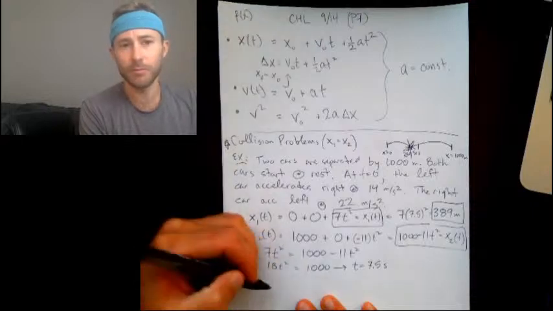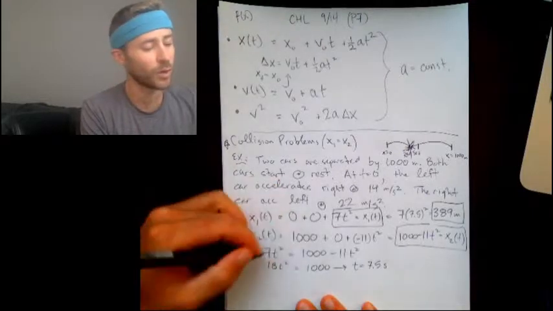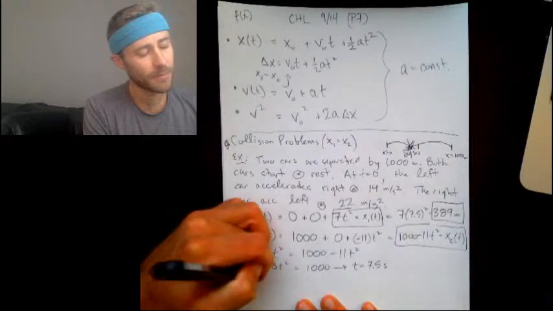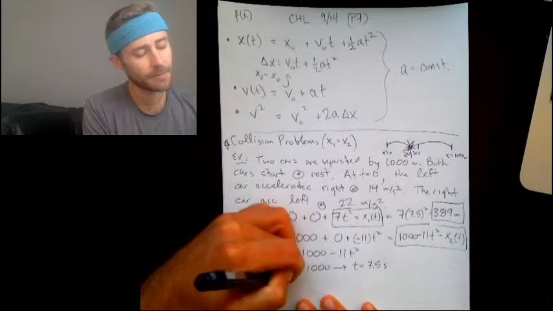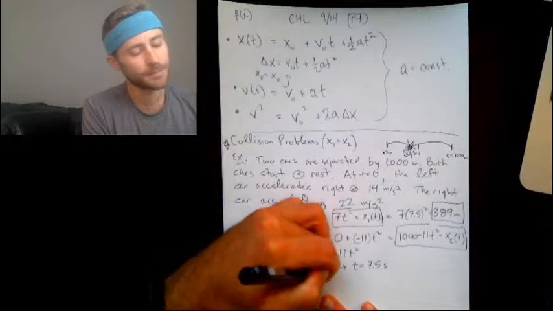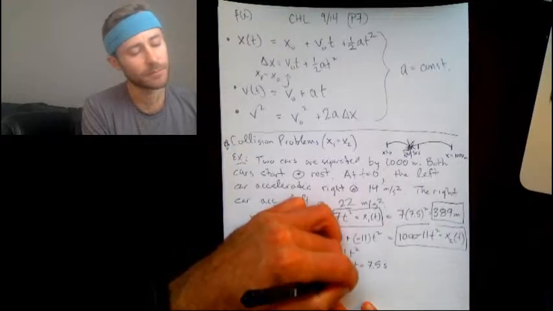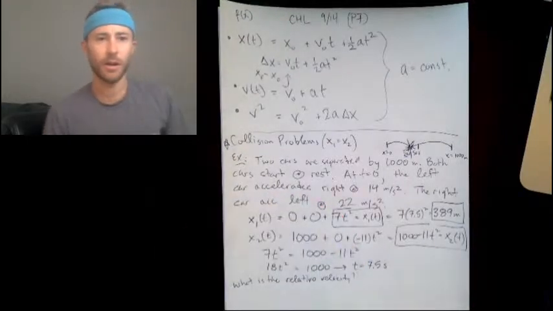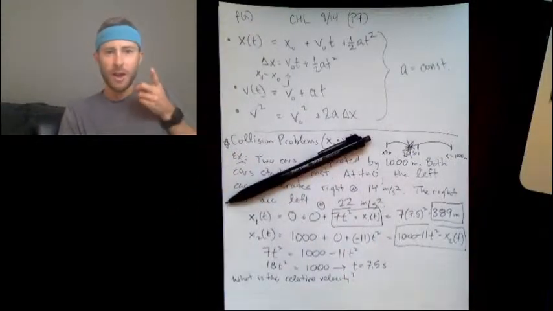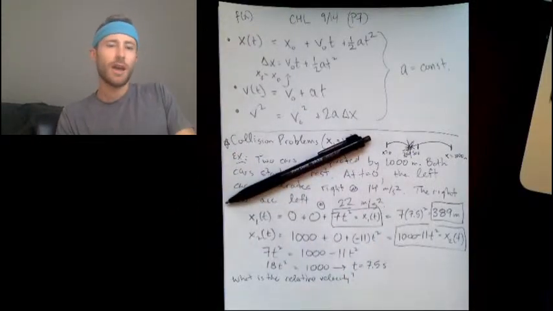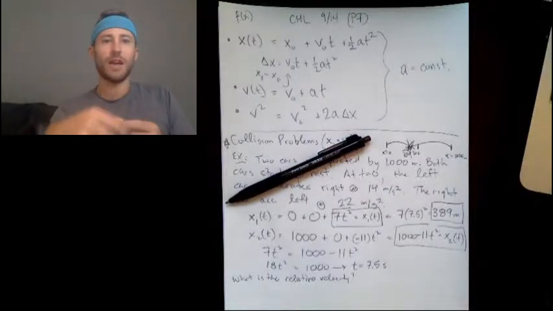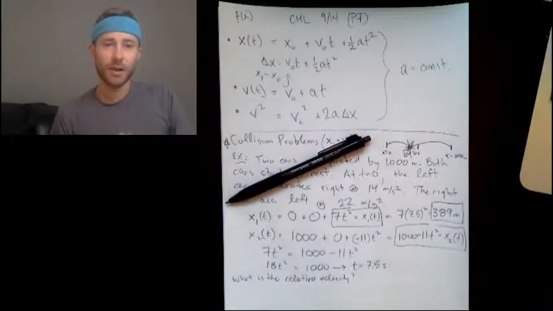Another interesting question I could ask is, what is the relative velocity? For example, what I mean by relative velocity is, let's say I'm walking towards you at 5 meters per second, and you're walking towards me at 10 meters per second.